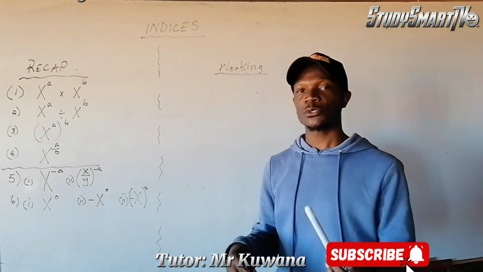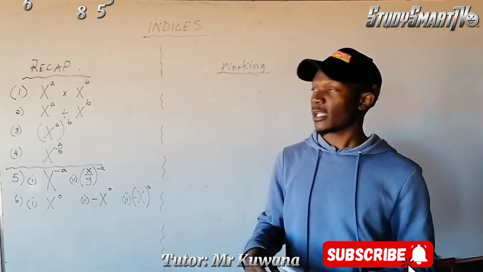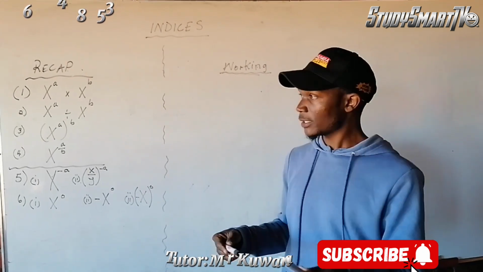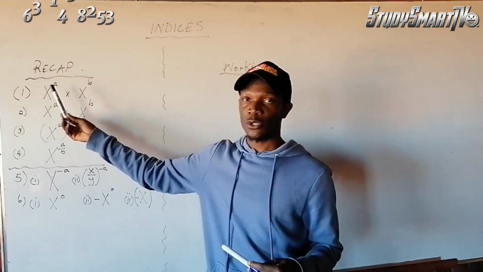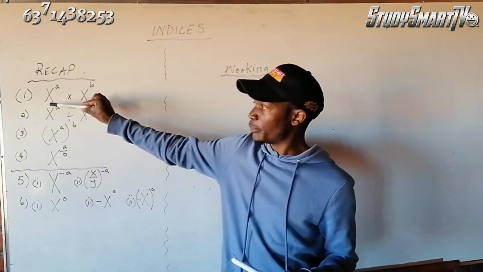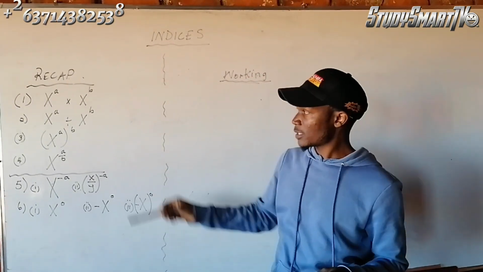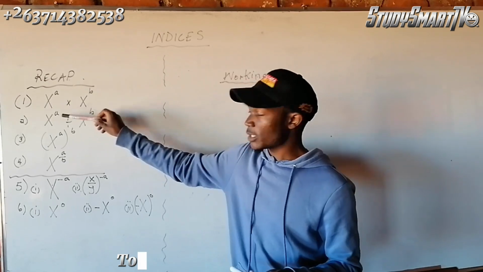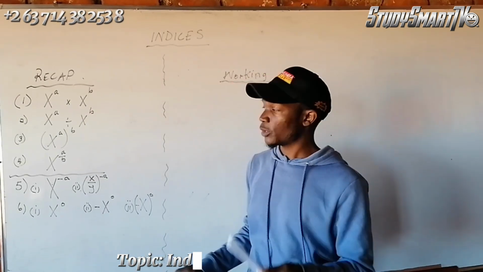We are still going to apply the concept of the laws of indices. So yesterday in our last lesson, we looked at these laws where we multiplied the numbers with the same base, and we added the powers. When we divided, we subtracted the powers, and we had this term with two powers.